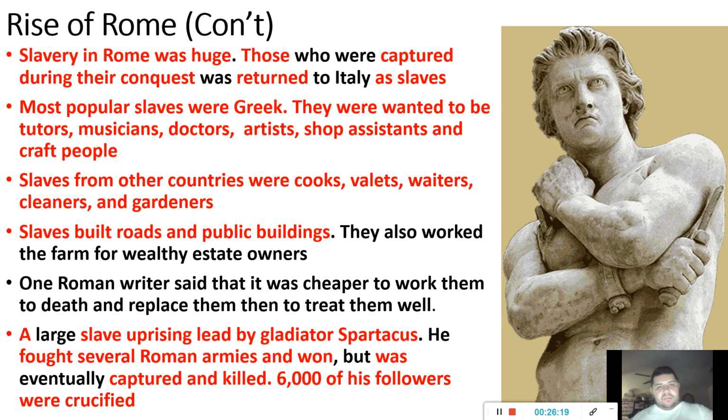So they fought the Roman armies a couple times and they won. But eventually, Spartacus was captured. He was executed. And 6,000 of his followers, the people who helped him get out and fight against the Roman soldiers, were crucified. So there were about 6,000 of them.